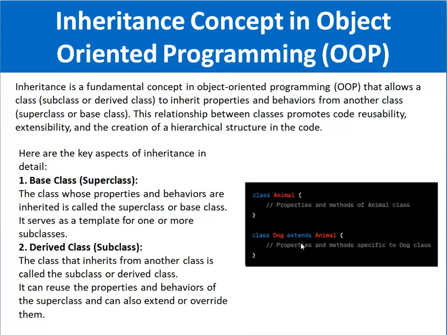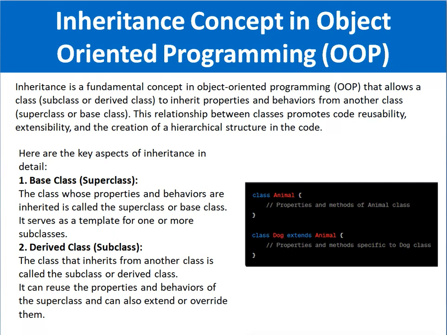Override means that if a method is defined in the base class, you can rewrite that method in the child class. So Animal is the base class, and Dog, which extends from Animal, is the derived class.